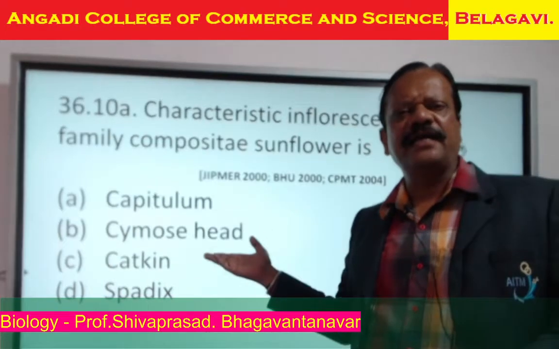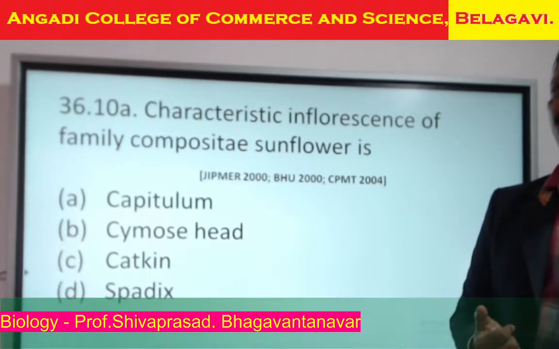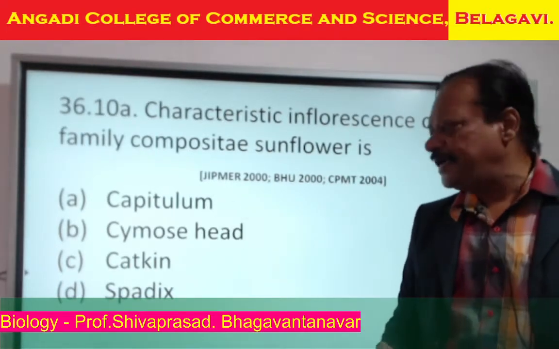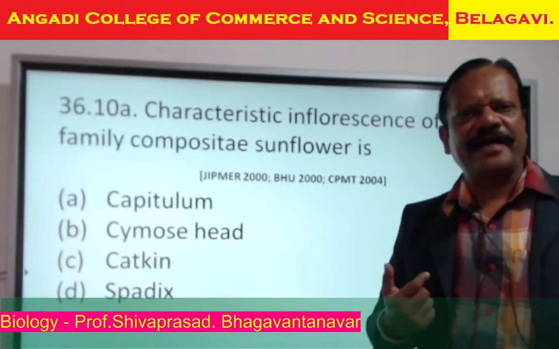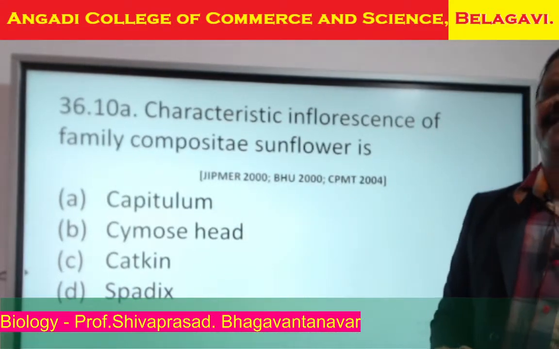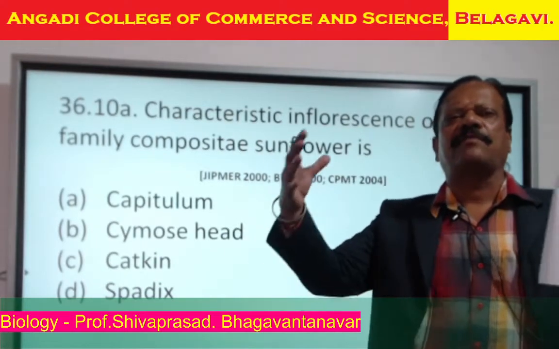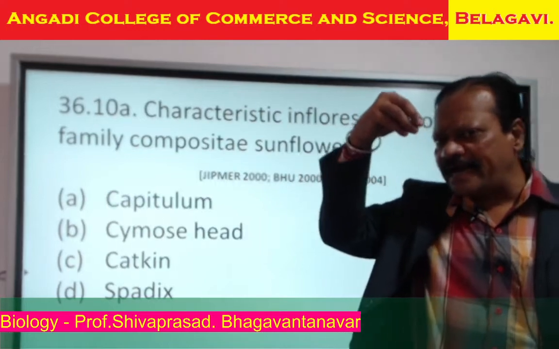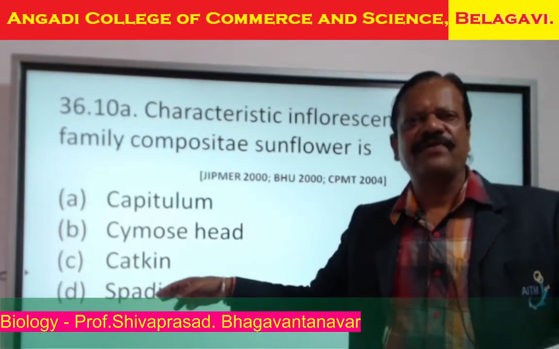Then cymose head: you can take the example of Mimosa pudica, the touch-me-not plant. There you can see the cymose head. In the same way, catkin I already explained, and the spadix type of inflorescence. In spadix, a big bract is formed at the lower side, and it is a leafy structure. Inside that bract, you can see male and female flowers.